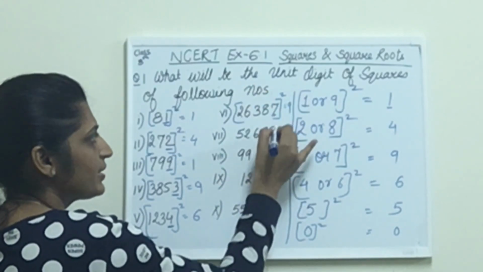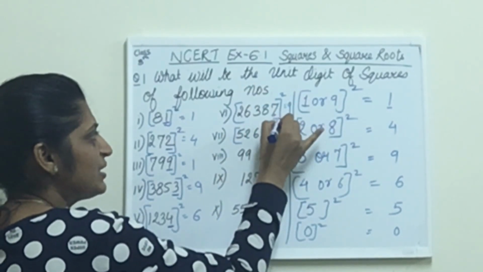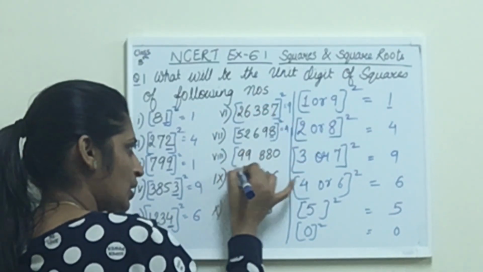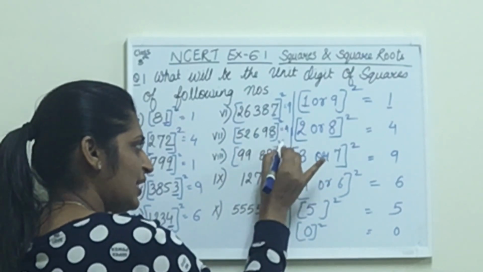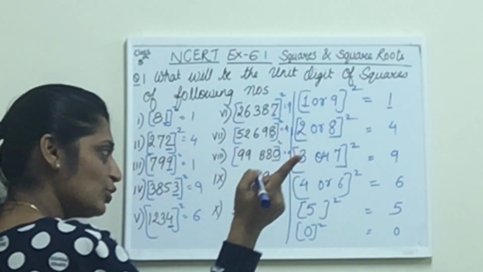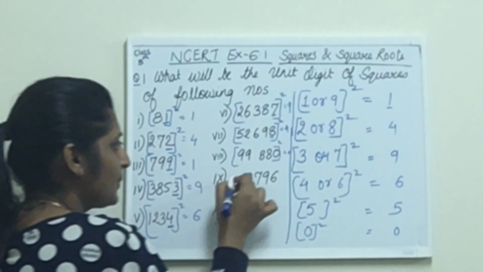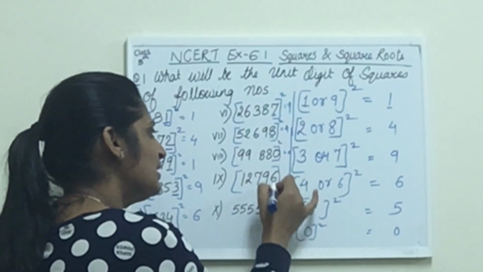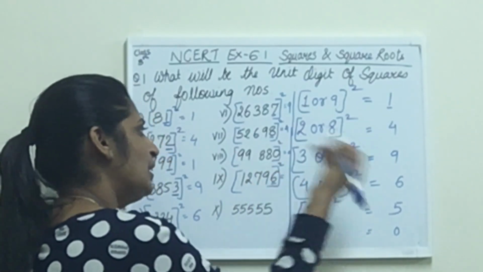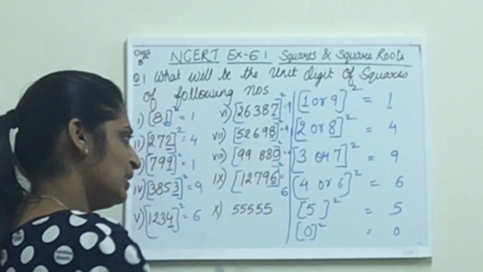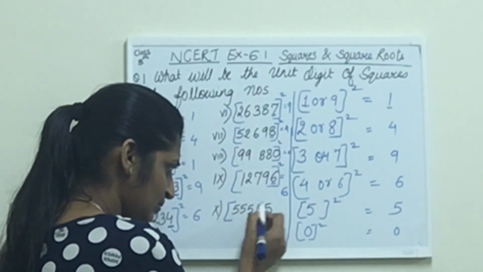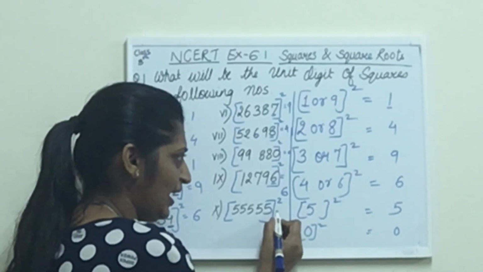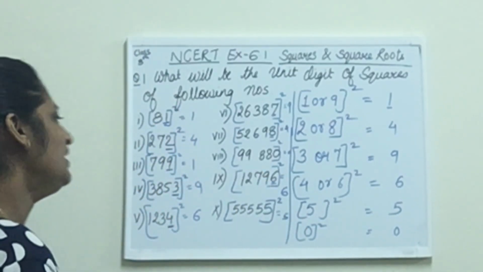Look at the number 8, which is at the units place, so the square of this number will end with 4. 0 will end with zeros, but how many zeros will there be in total? 2. 12,796 ends with 6, therefore the square will also end with 6. 55,555 ends with 5, therefore the square will also end with 5.